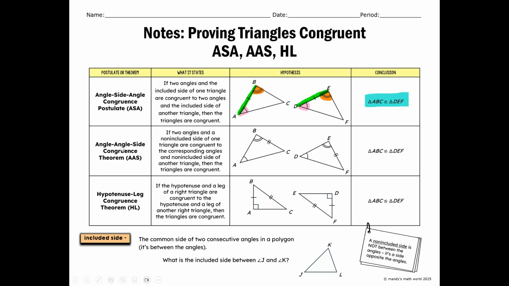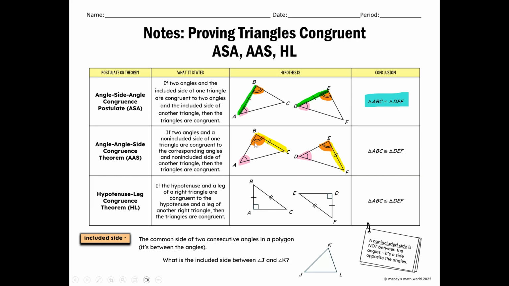It is the angle-angle-side congruence theorem. It states if two angles and a non-included side of one triangle are congruent to the corresponding angles and non-included side of another triangle, then the triangles are congruent.